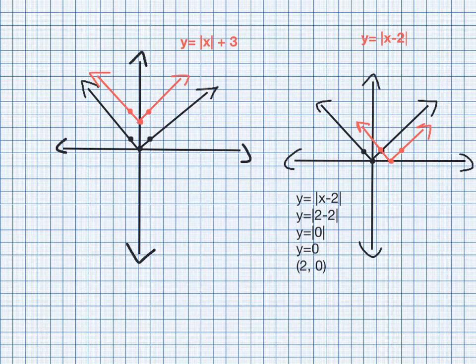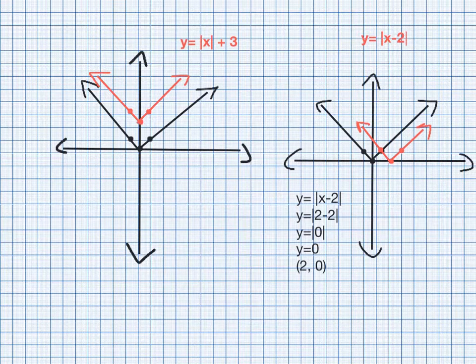When you're trying to figure out how it's going to shift and you're not sure, you can take this equation and ask, when is y going to be 0? I'm trying to find the vertex here, so what can I plug in for x that will make y 0? If you look at x minus 2, and we're taking the absolute value of that, we can plug in 2, because 2 minus 2 gives us 0, and the absolute value of 0 is 0.